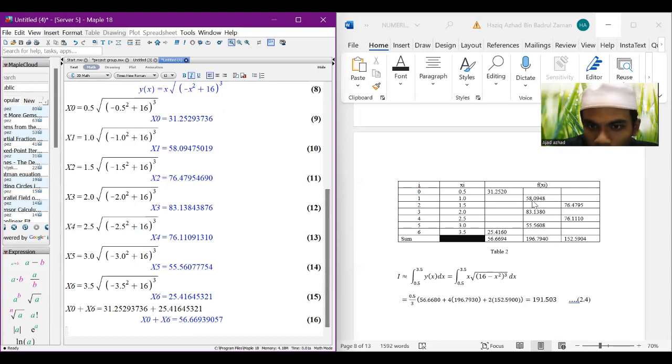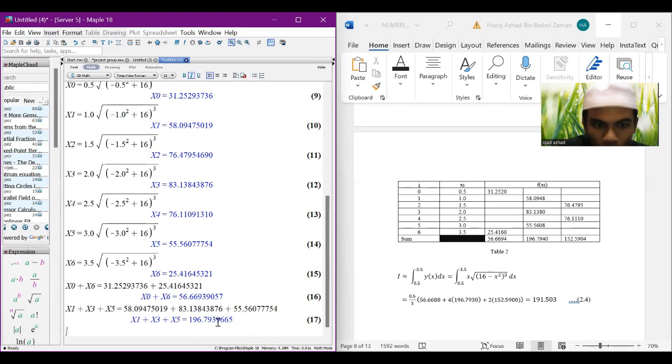And then x1, x3, and x5: x1 plus x3 plus x5. And we get 196, the same. And finally, we need to add x2 and x4.